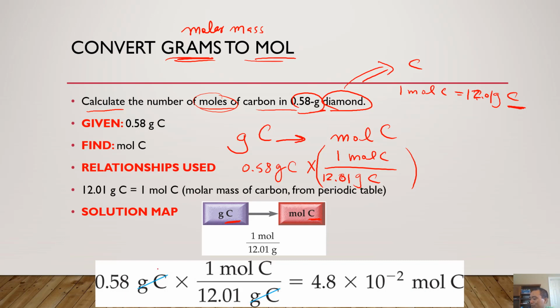So that's why you have to set up like this, which is exactly the same as what I just talked about. You keep 2 sig figs, okay, because the other one gives you 4 sig figs. So you keep the fewest number of sig figs in multiplication or division. You have 4.8 times 10 raised to negative 2 mole of carbon.